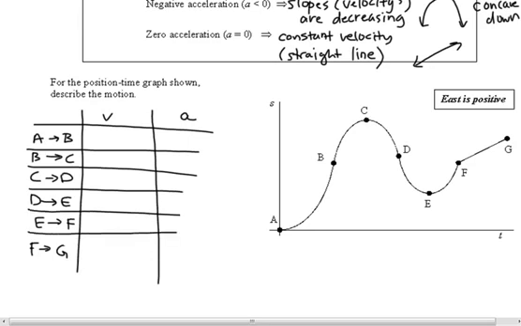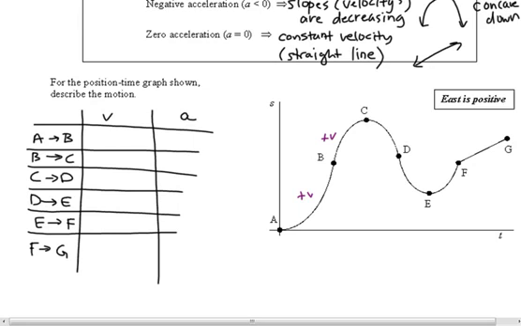First we're going to describe when our velocities are positive. On a position time graph, if it's going uphill, it's positive velocity, downhill, negative velocity. Positive slope, positive velocity, negative slope, negative velocity. From A to B, we have positive velocity. How about B to C? It's uphill still. We're not doing acceleration, just velocity. At C, it's actually 0.